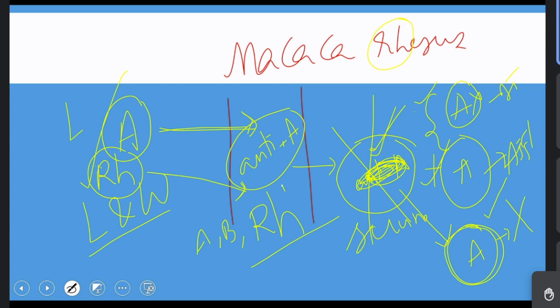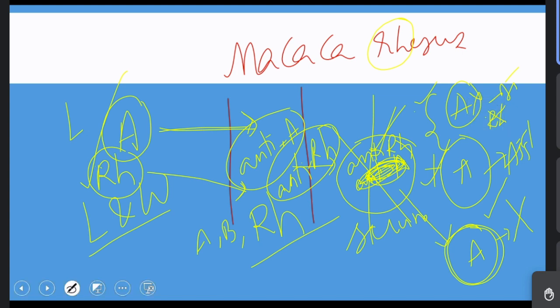And the monkey reacted to the Rh antigen, and it produced anti-Rh antibodies. So Leela Kumari does not have Rh antigen, that means there is no antigen here for it to react with.